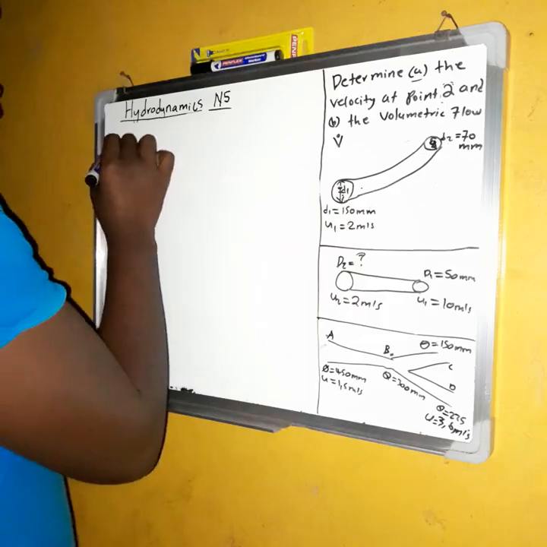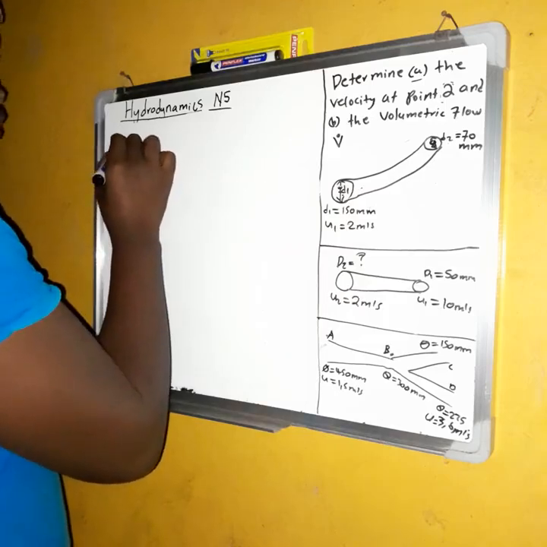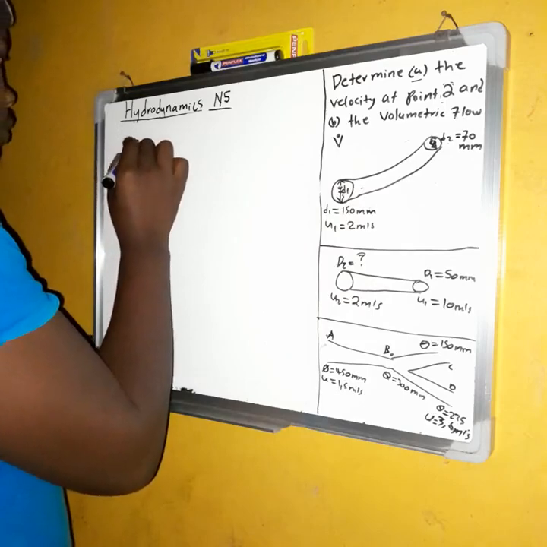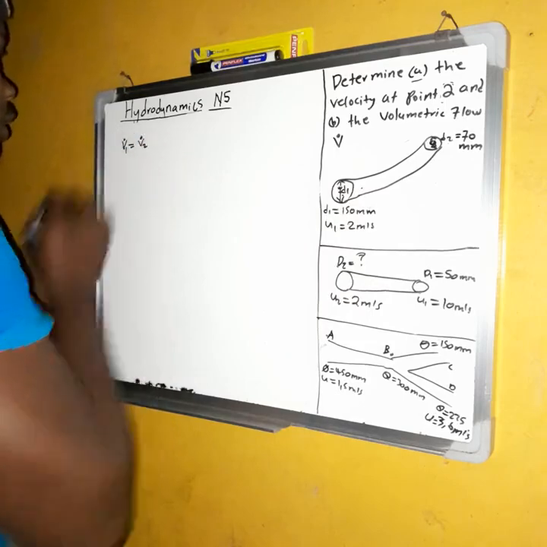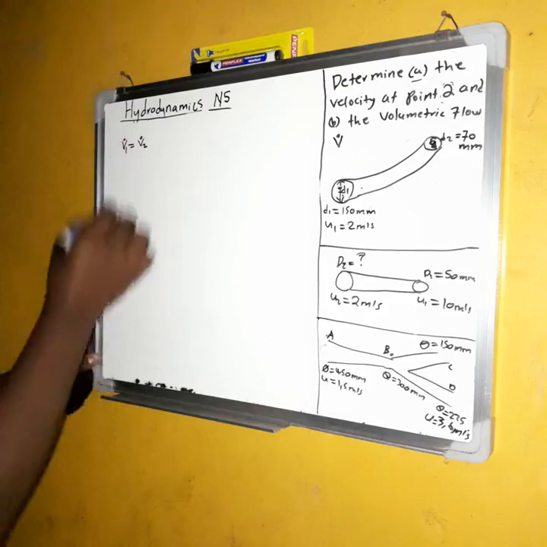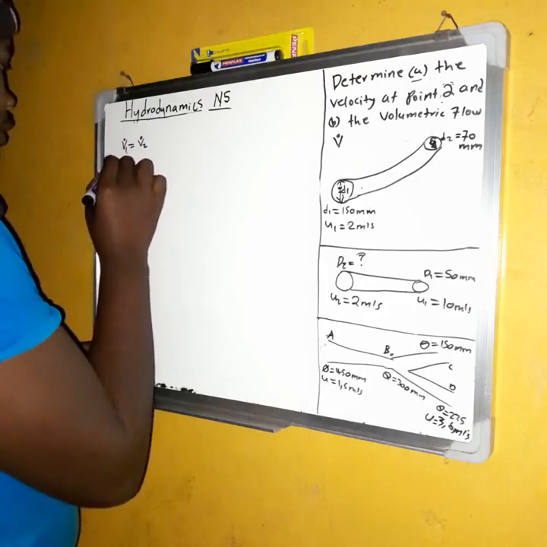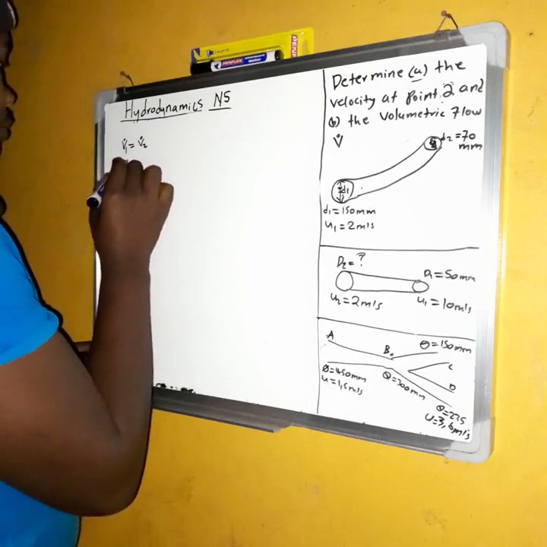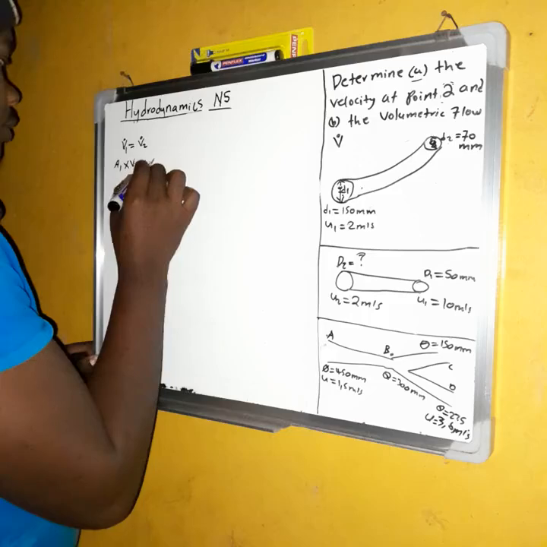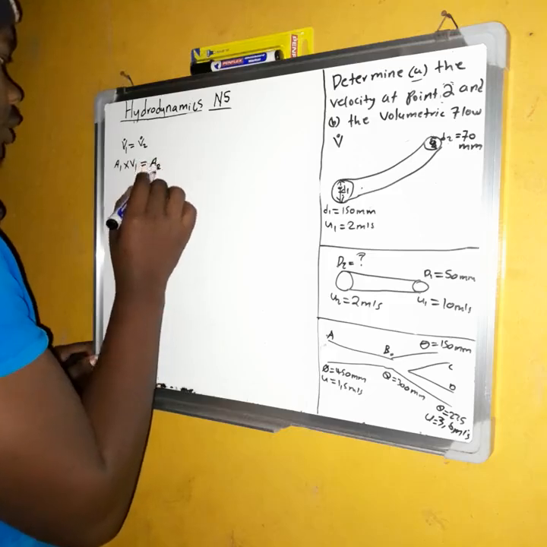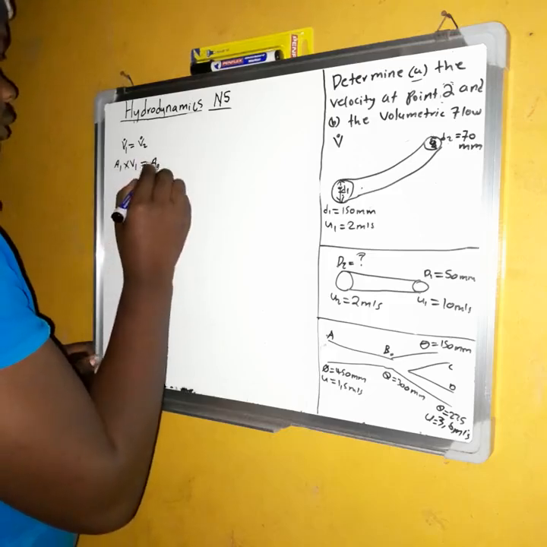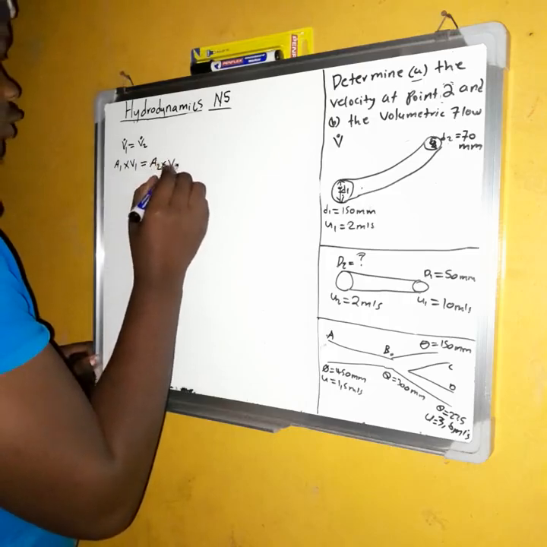We know we can say the volumetric flow at 1 must be equal to the volumetric flow at 2, isn't it? And the volumetric flow is given by area 1 multiplied by velocity 1 is equal to area 2 multiplied by velocity 2.